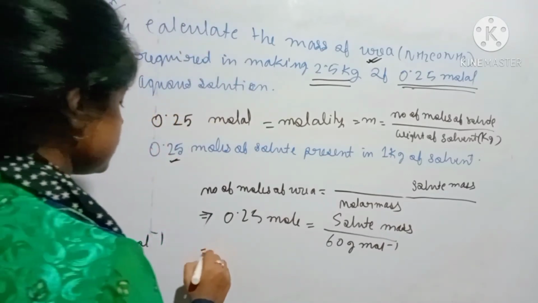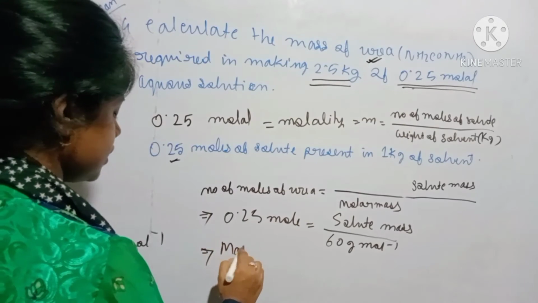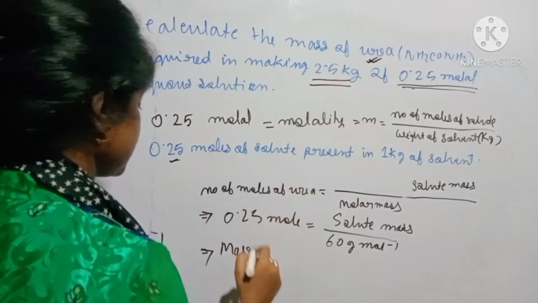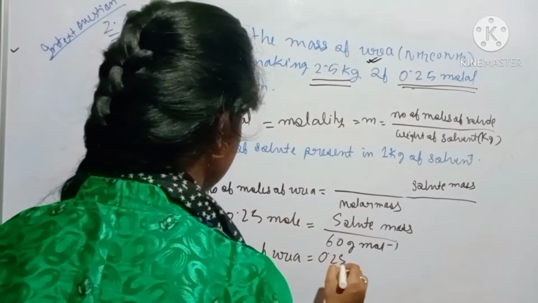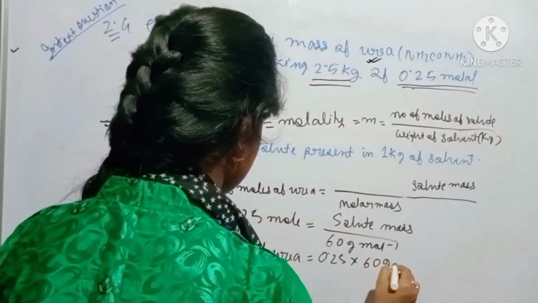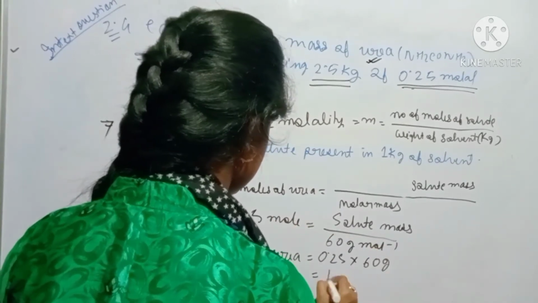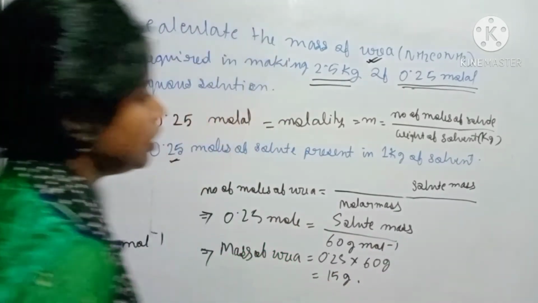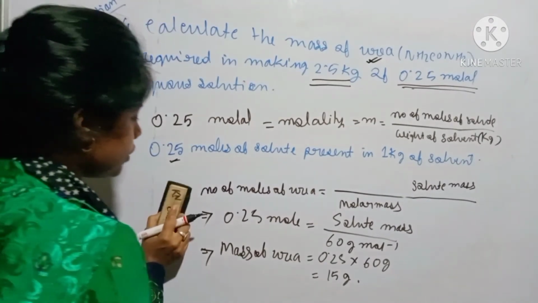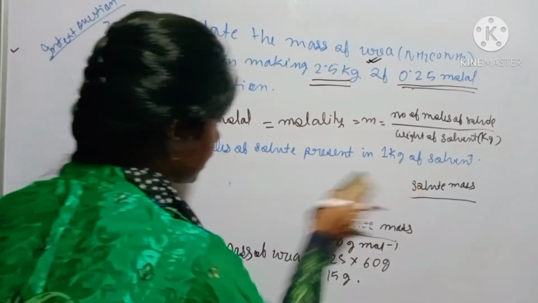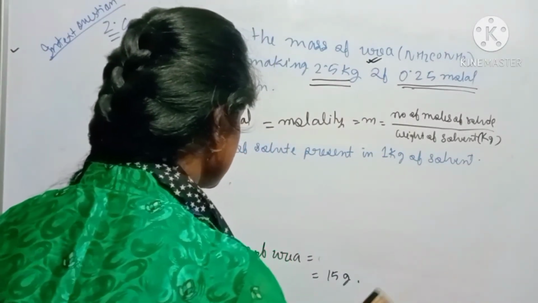So the solute mass means the mass of urea, because here the solute is urea. Mass of urea equals 0.25 into 60 gram. The mole cancels out, so we get 15 gram. So we got the mass of solute.